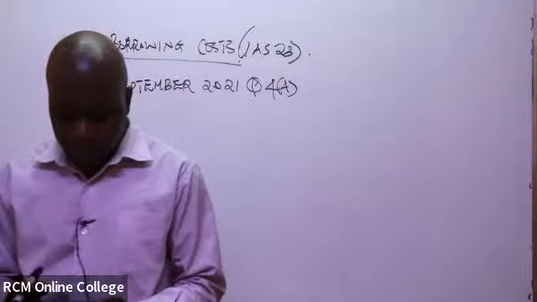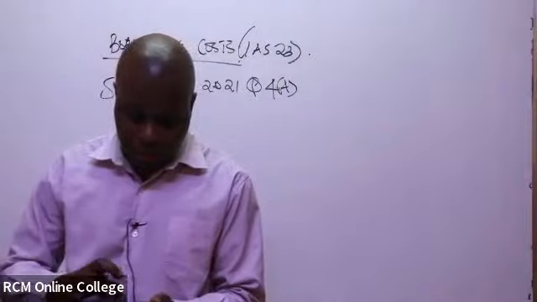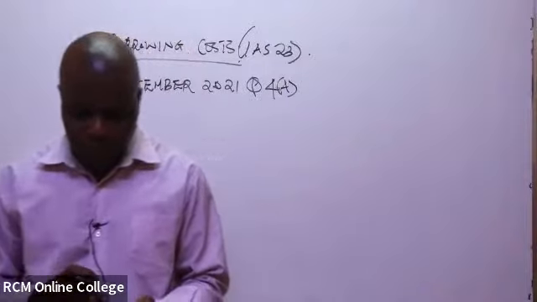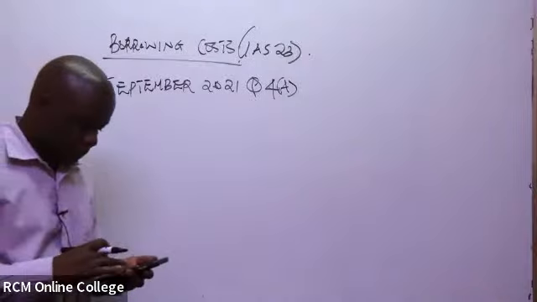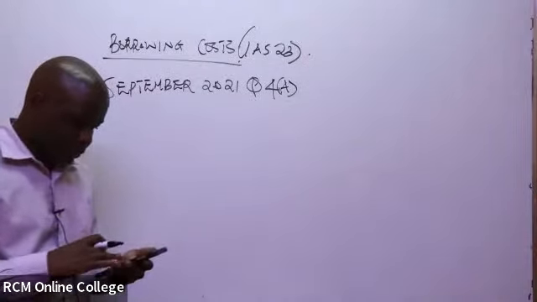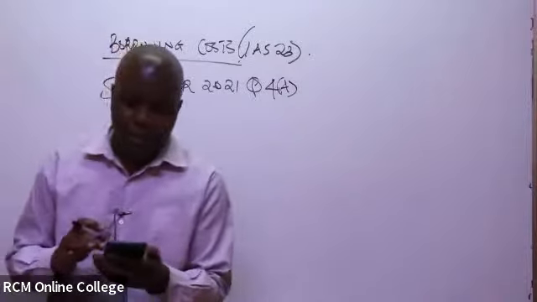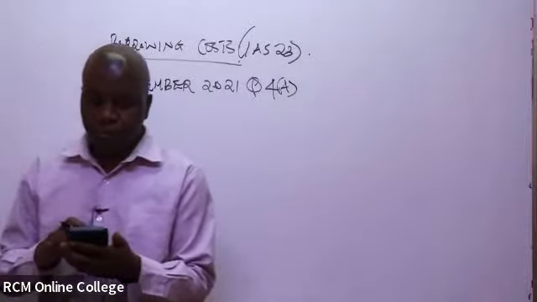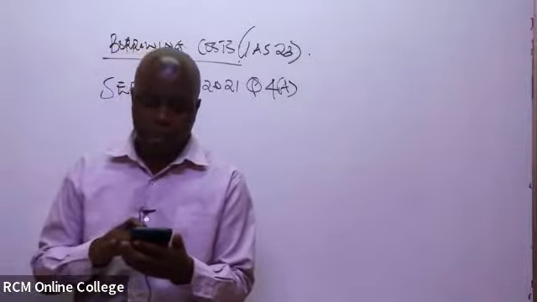So it is a past paper for September 2021, question number 4A. Maybe I can go through the question. The question is about Darubini. Darubini Limited has provided the following schedule of its long-term loans for the year ended 31st of December 2020.